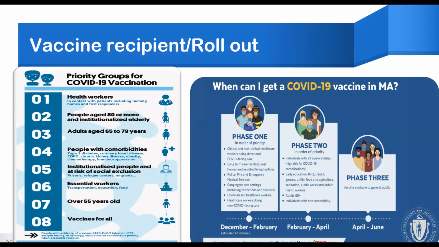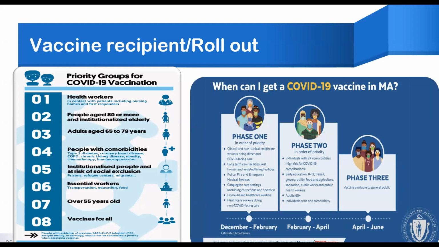So next is vaccine recipient or rollout. Yung mga priority na bibigyan ng vaccines. Ang unang-una, of course, ay ang ating health workers or frontliners. Pangalawa is yung people age 80 or more and institutionalized elderly, yung 80 pataas.